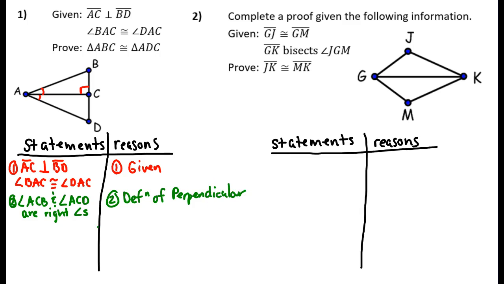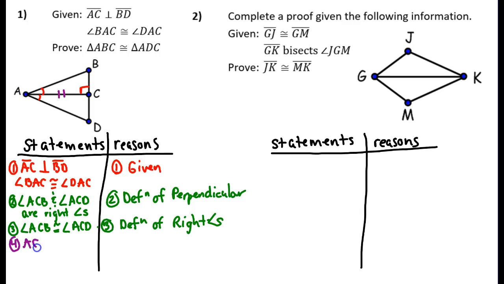And now that I know that they are perpendicular, I can say that they are congruent because all right angles are congruent. So angle ACB congruent to angle ACD because the definition of right angles. Okay, so now I know that I have an angle congruent and angle congruent. The next thing that I'm going to talk about is this line being congruent to itself.